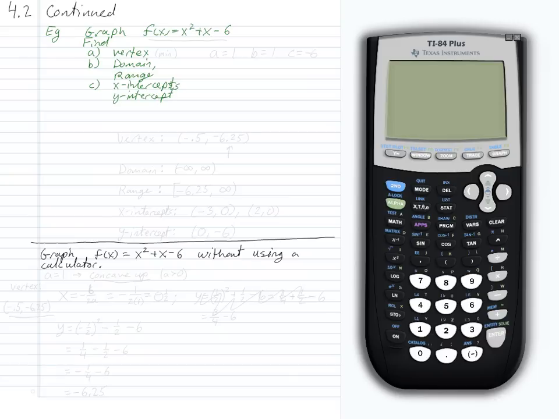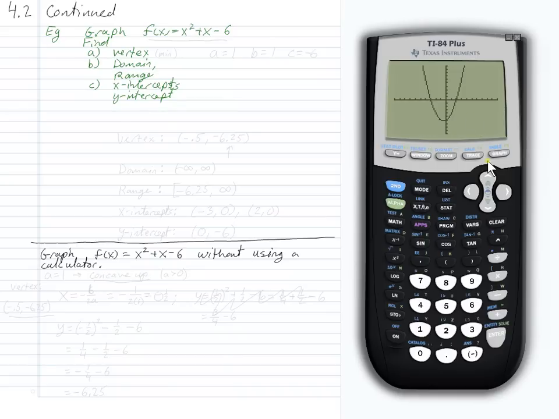So in your graphing calculator, we're going to type our function into the y equals screen, clear out anything you've got in there already. So our function, x squared plus x minus 6. And I will go to graph. If your window is maladjusted, you can always zoom standard.